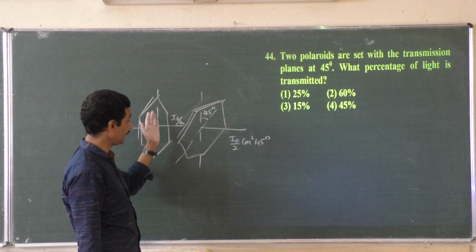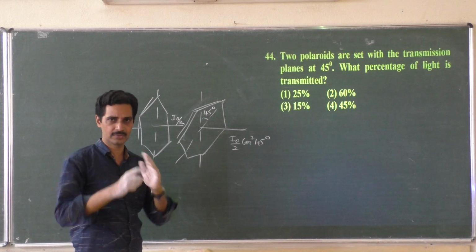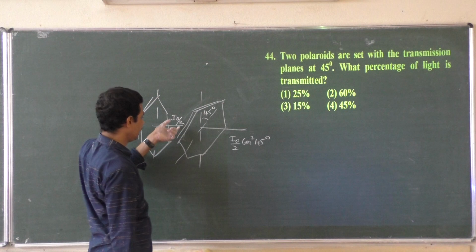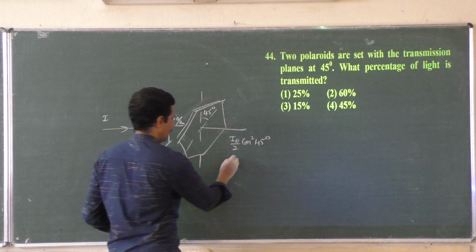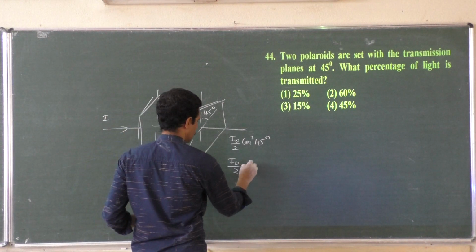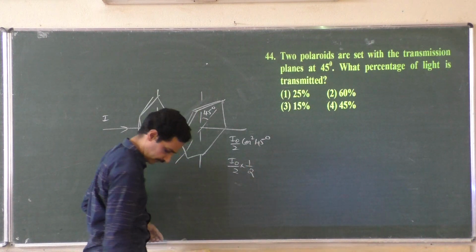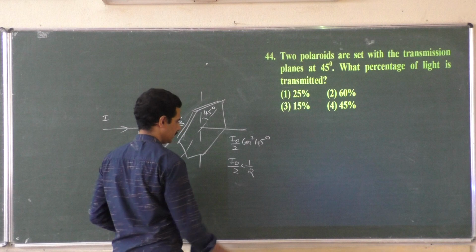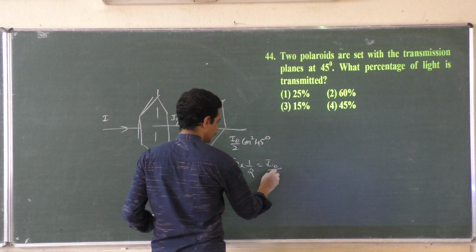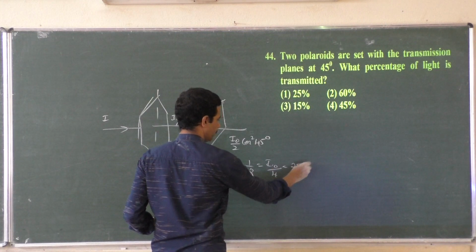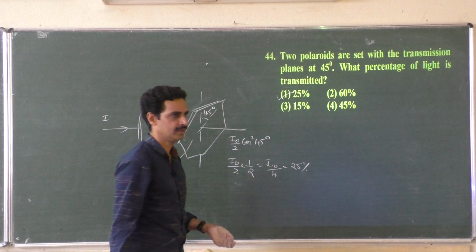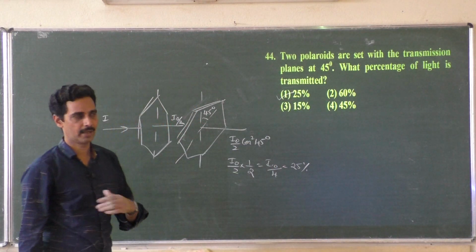Once it is polarized and incident on the second one, it depends on the angle, that is I cos squared 45 degrees, where I itself is I naught by 2. Cos 45 is 1 by root 2, so cos squared 45 is 1 by 2, giving I naught by 4. So that is 25%, 0.25 I naught, so 25% of the light is transmitted and 75% is absorbed.